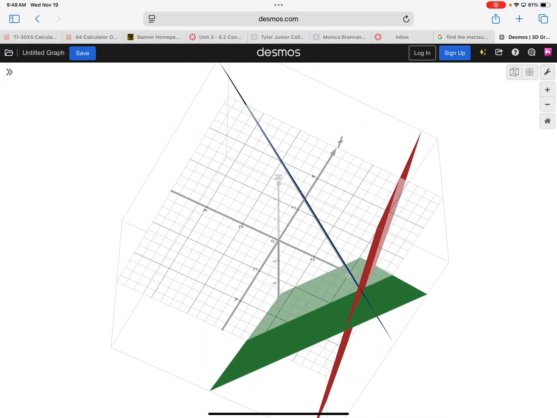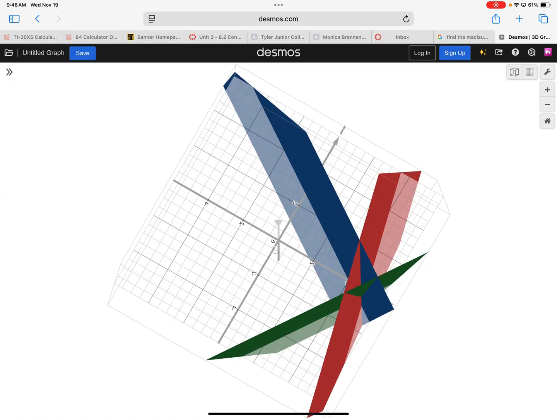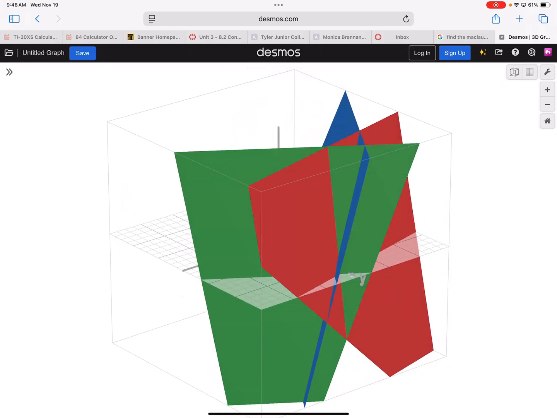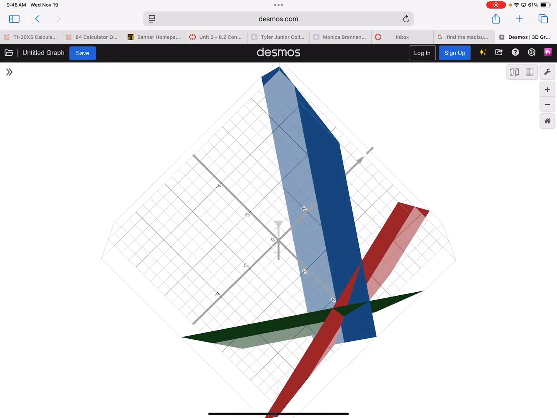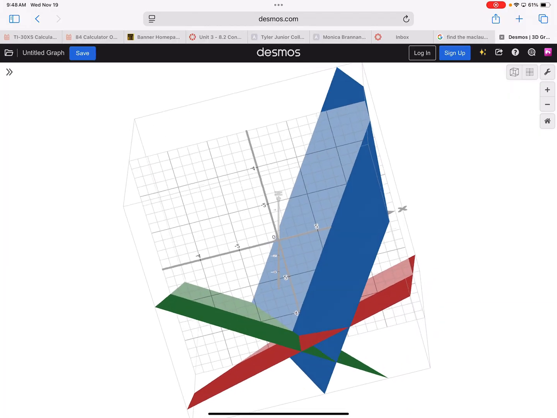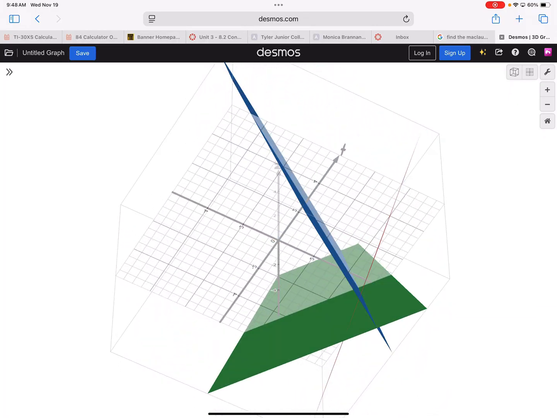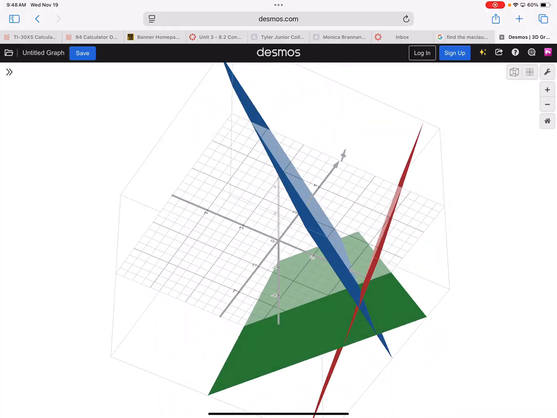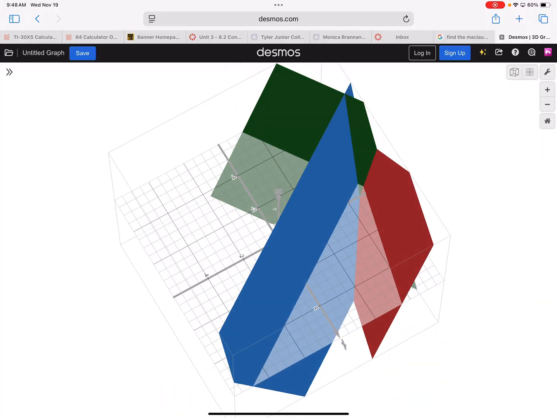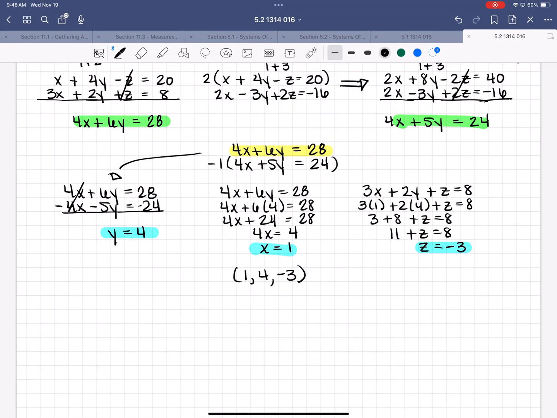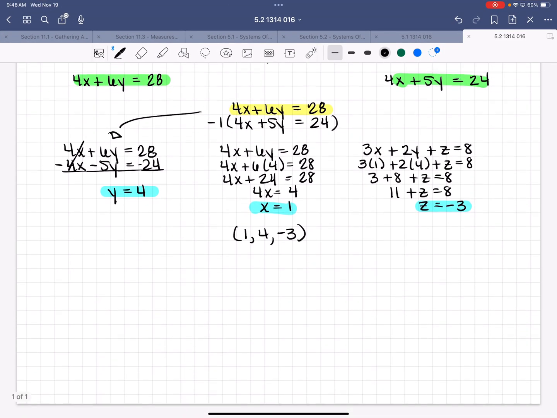Because they should intersect, okay, right there. It won't let me get in there. Okay, that's going to make us dizzy. Well, we know we got it right. Oh, it's still twirling. Okay, we're good.